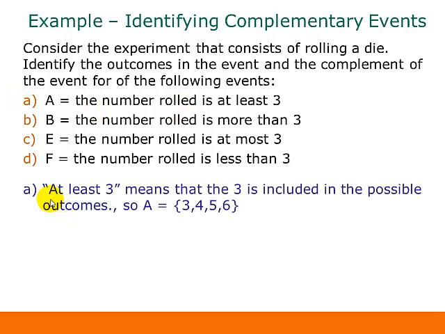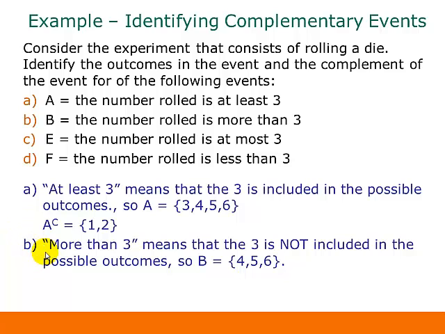Now, at least 3 means that the 3 is included in the possible outcomes. So our event A would have this set of outcomes, 3, 4, 5, and 6. And our complement would be everything that was in the sample space that's not in A. So that would be 1 and 2.